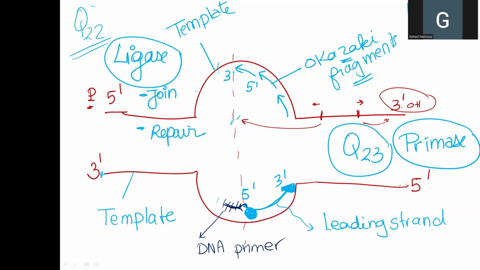So the DNA primase function is to form a DNA primer, and a DNA primer is a short sequence of DNA that's built at the origin of replication to allow the DNA polymerase enzyme to start its work in building up the new strand by attaching the first nucleotide to the 3' end.